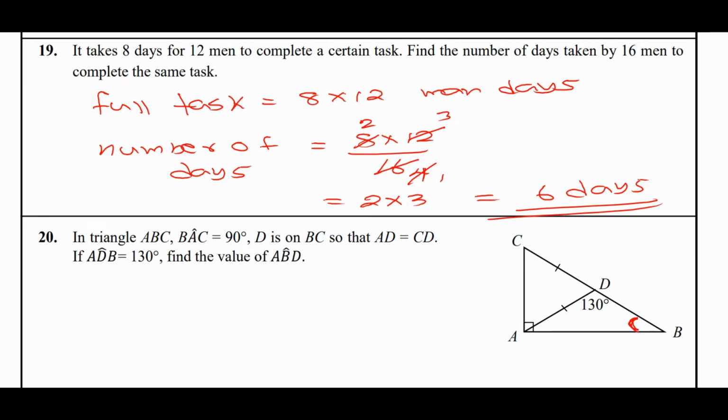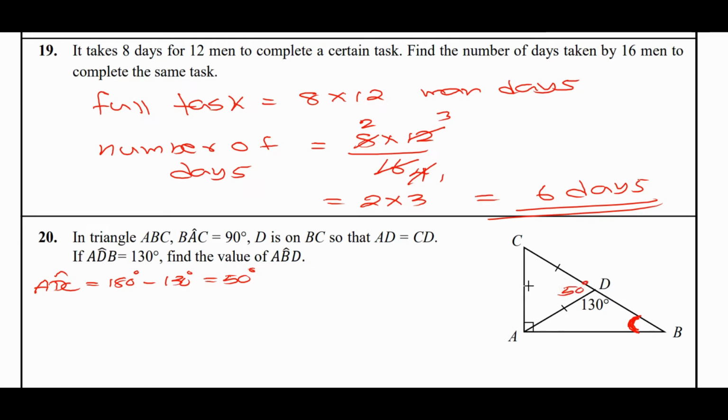We have to find the value of the angle ABD. Here 130 means I can find the angle of ADC. Angle ADC should equal 180 minus 130, that means 50 degrees. Then this should be 50 degrees.